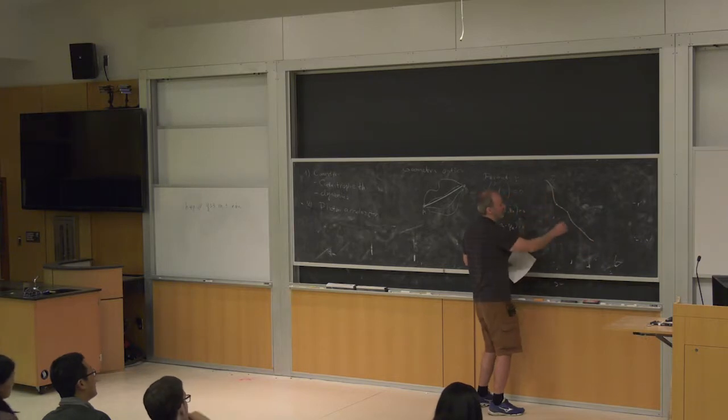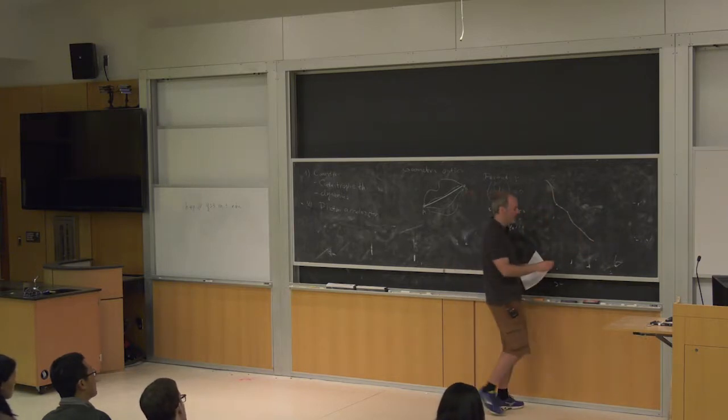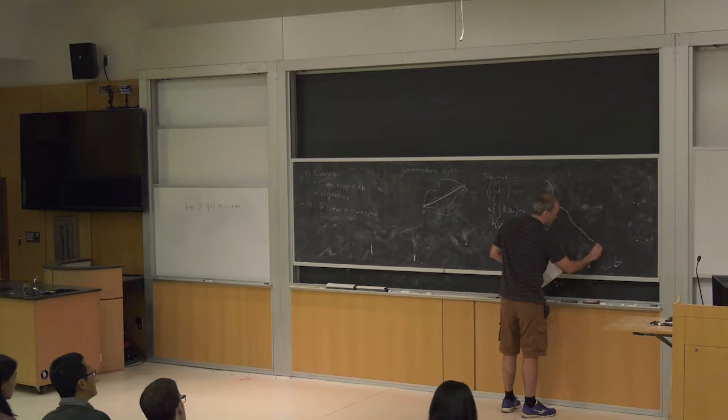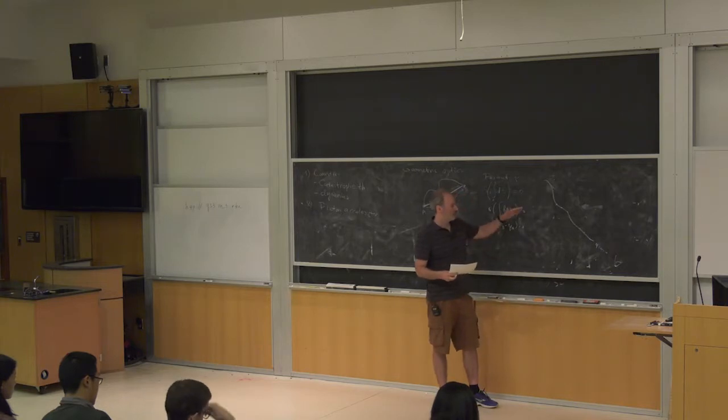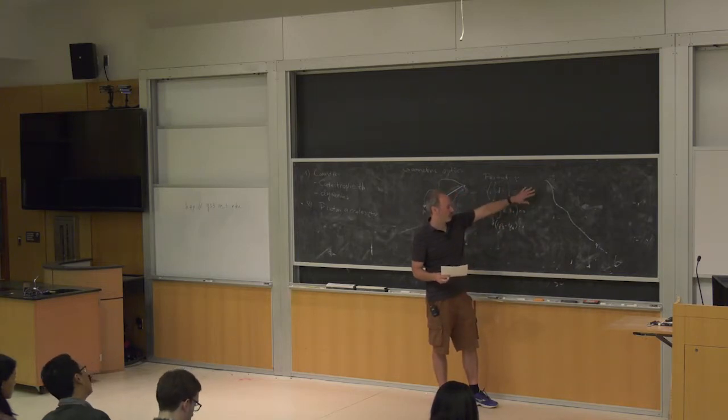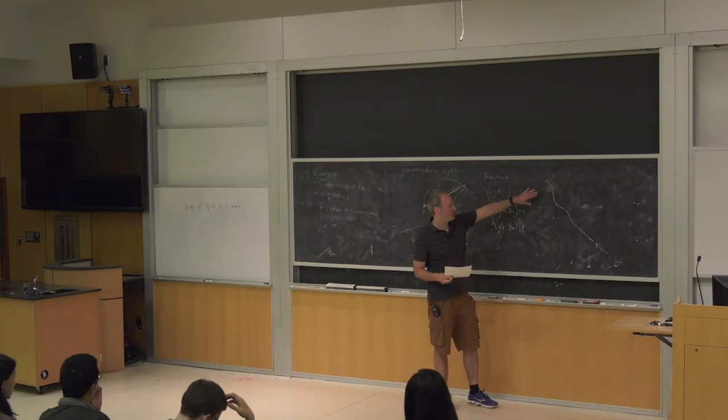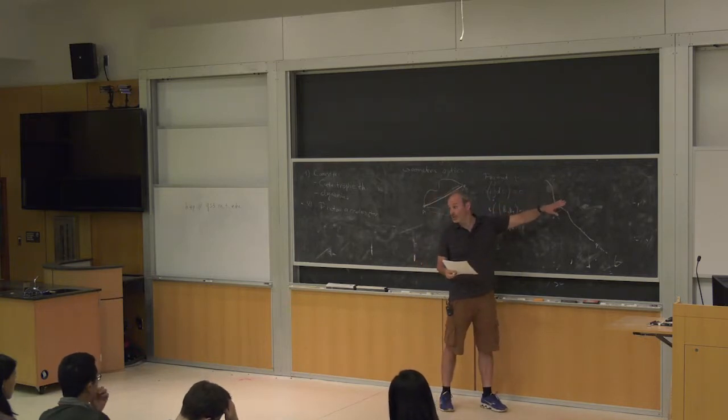So this is a surface of a constant phase. And again, let's say there's going to be some snapshot of the phase front. How is this phase front going to evolve as a function of time?